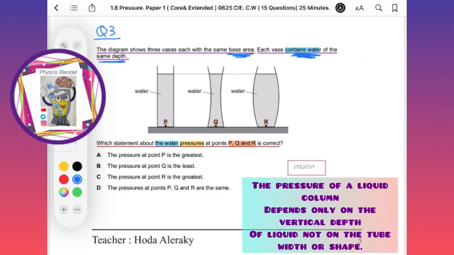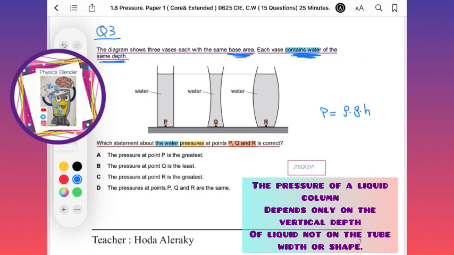Here we have to clarify a very important concept about pressure of liquid. Here we are not talking about a solid object on a surface, we are discussing pressure of liquid. For extended candidates, you know the equation used: pressure depends on density, rho g h, density and the depth of liquid.